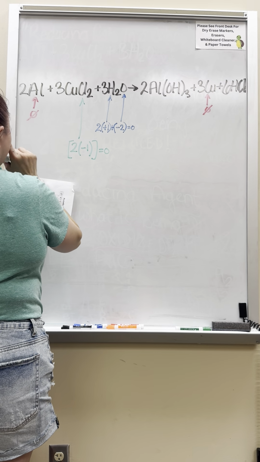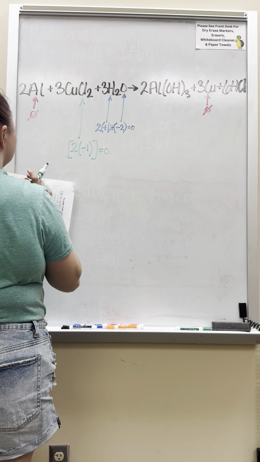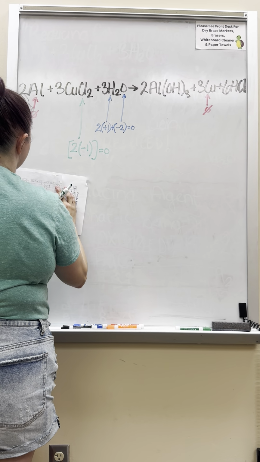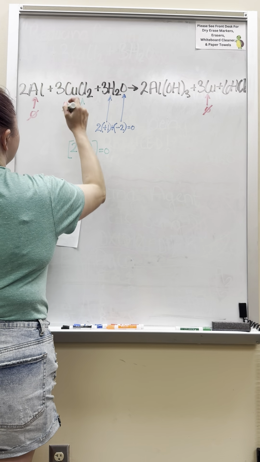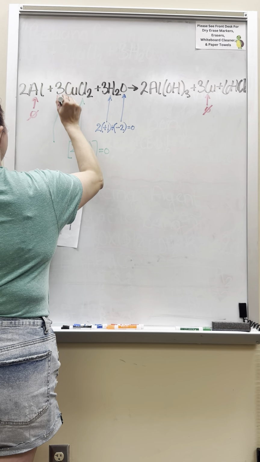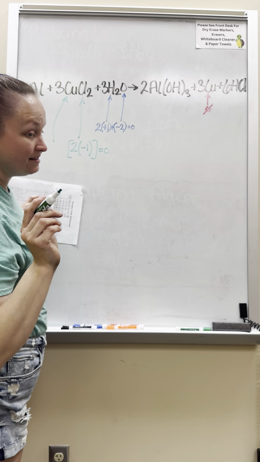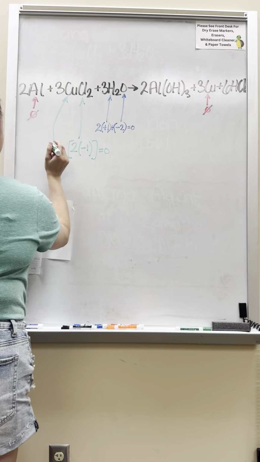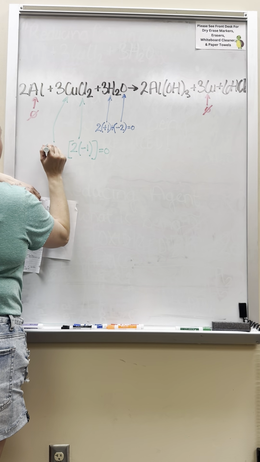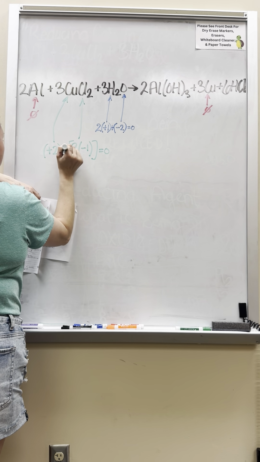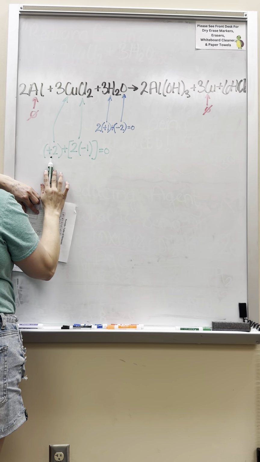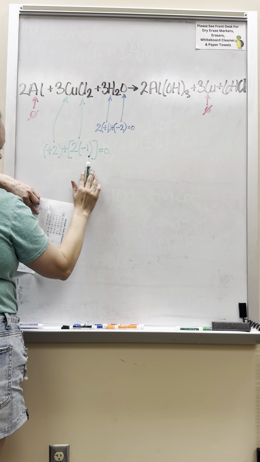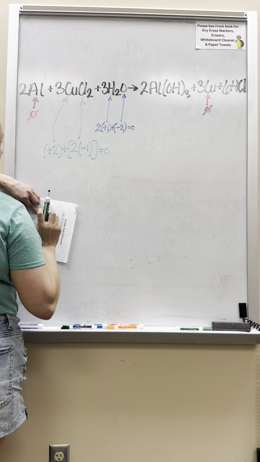So that means that the copper in this case, not always because it's a transition metal, but in this case, it is a +2, because you've got +2 minus 2 equals 0. Okay?